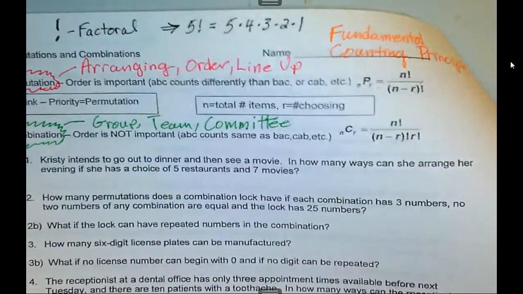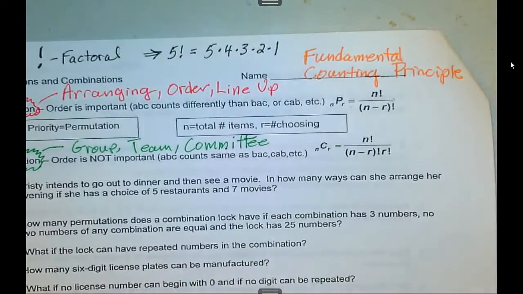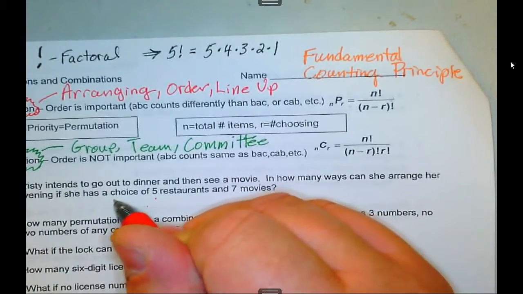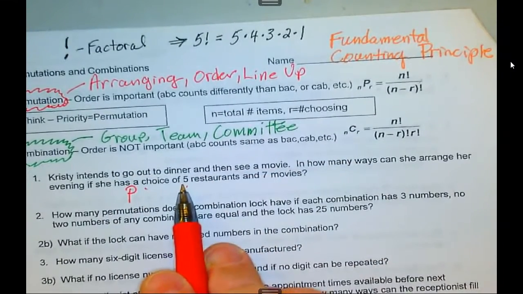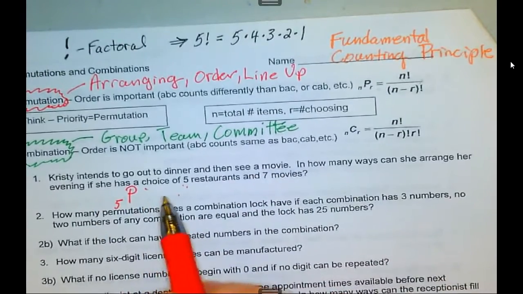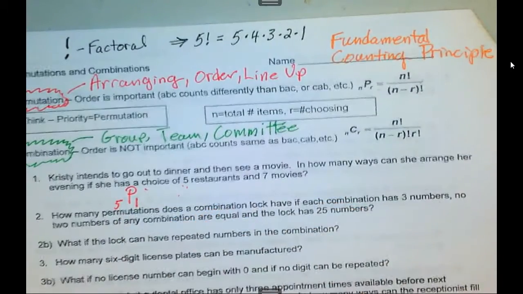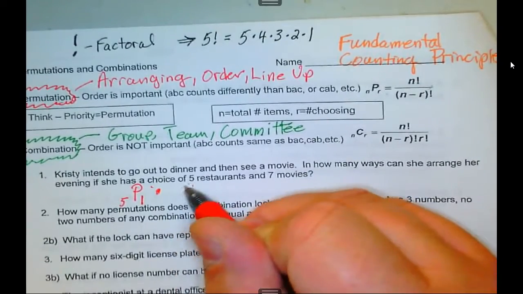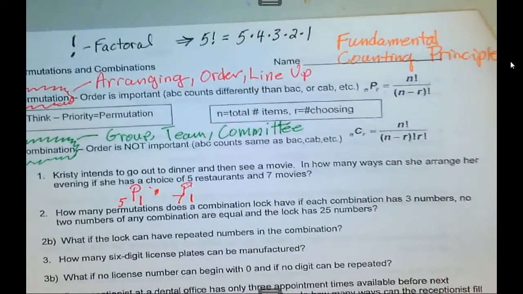This is a permutation because order matters. You're going to go see dinner, then see a movie. So you're going to take the permutation of 5 total, and you're going to go to one of those restaurants, so that's your choice, 1 out of 5. Then you're going to multiply by the permutation of 7 total, choosing 1 out of those 7.